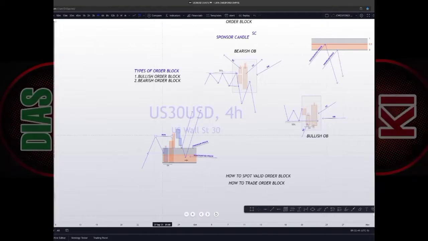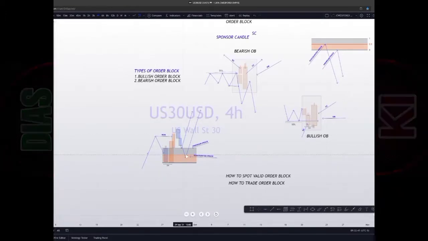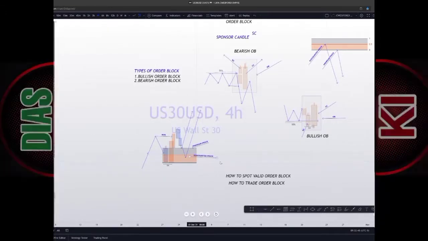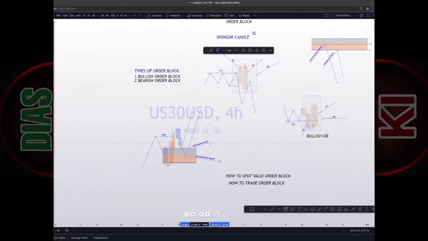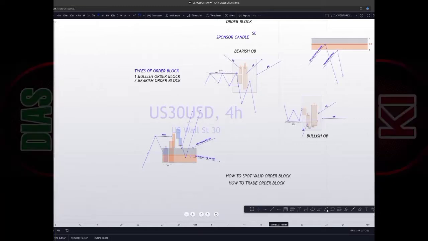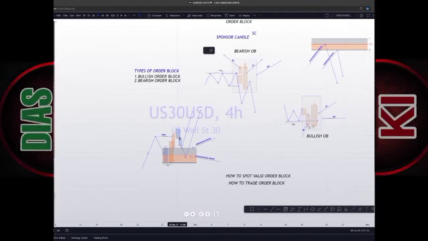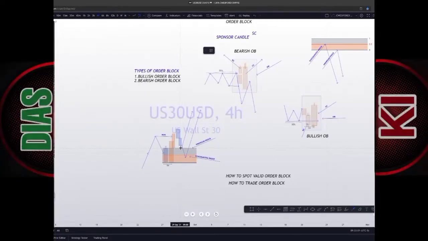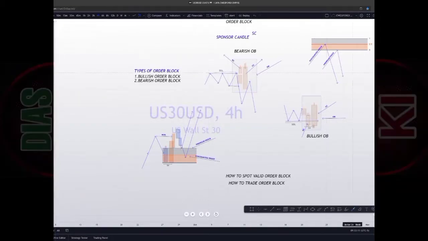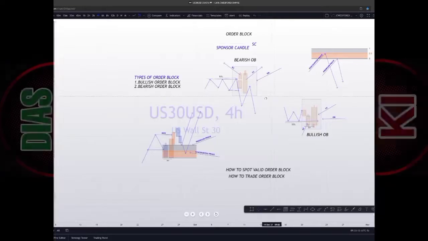The middle, the 50% over here, becomes our discounted price. Then the 0% becomes our premium price. So price can choose to mitigate this 50% and go the opposite way, or mitigate the 0% and move the opposite way as well.